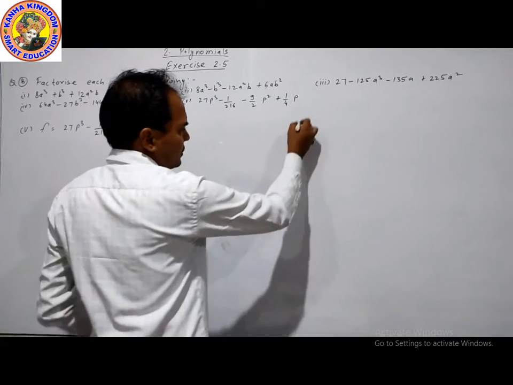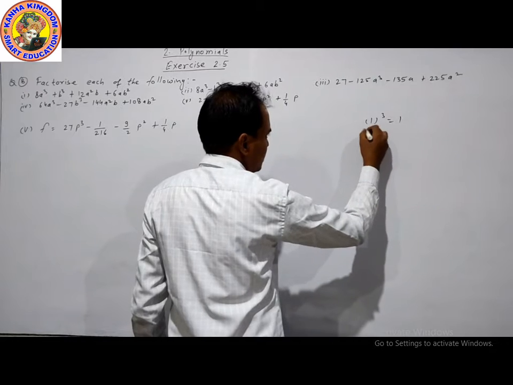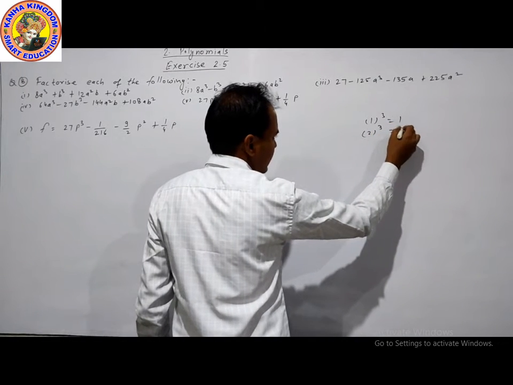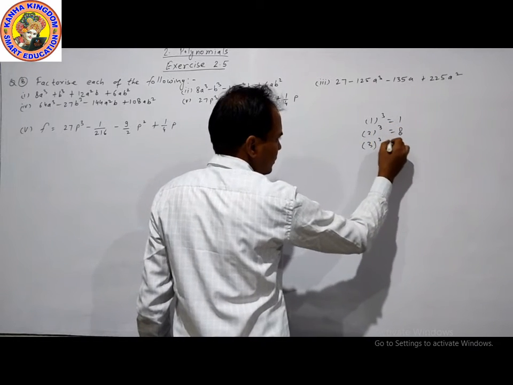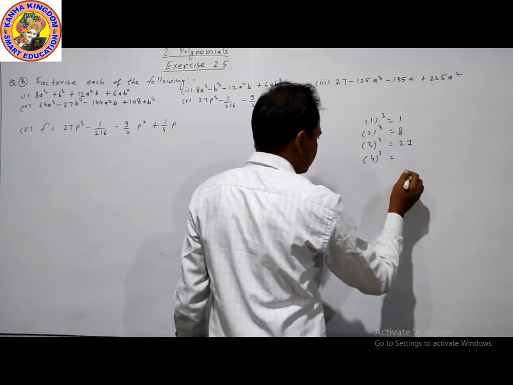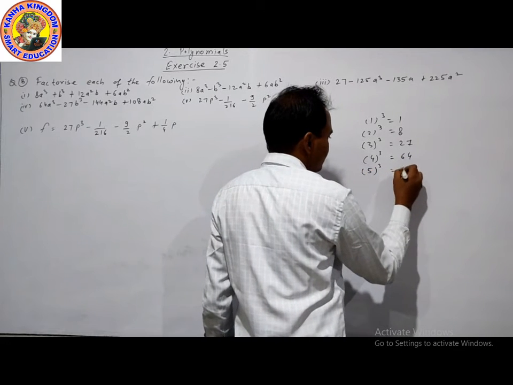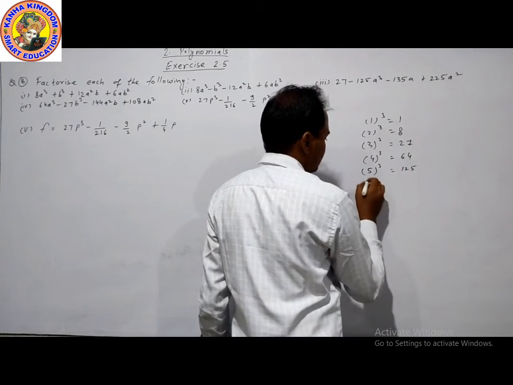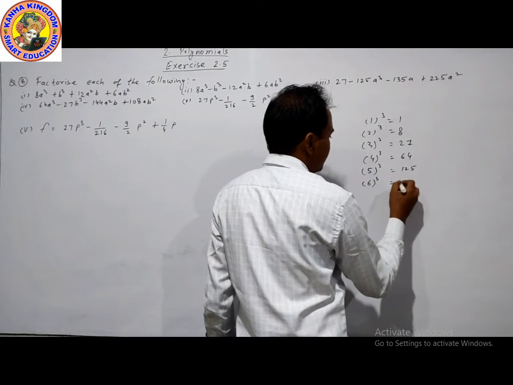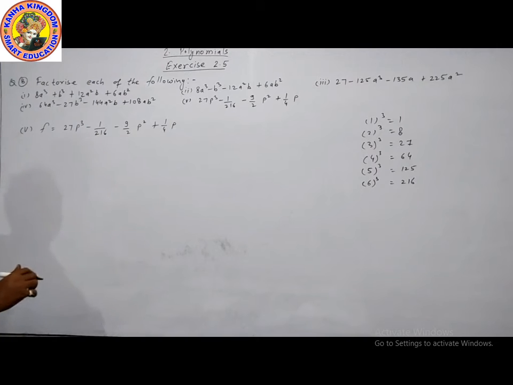Which cube is 216? 1 cube is 1, 2 cube is 8, 3 cube is 27, 4 cube is 64, 5 cube is 125, 6 cube is 216. So 216 is 6 cube.